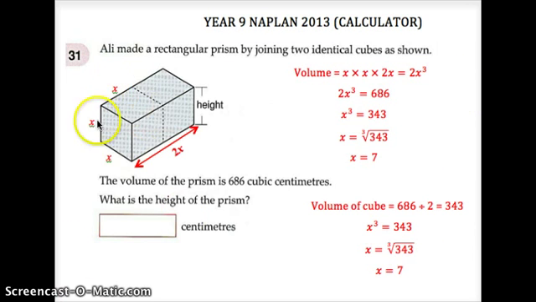So the volume of one cube is x times x times x, which is x cubed, and that equals 343. So to work out x, it's the cube root of 343, and doing that on your calculator, you will get 7. So we can just write 7 in that box.